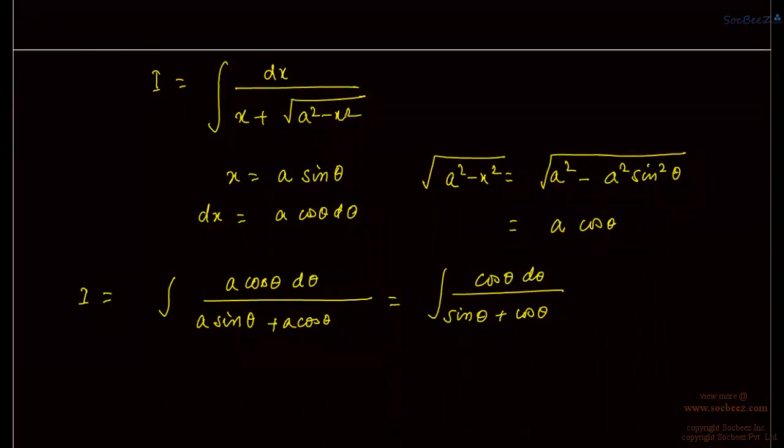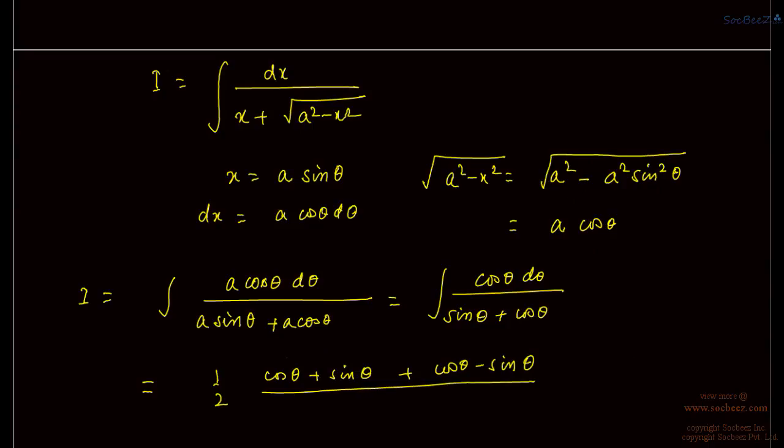Okay, now this can be written as half of (cos theta plus sin theta plus cos theta minus sin theta) upon sin theta plus cos theta, right?